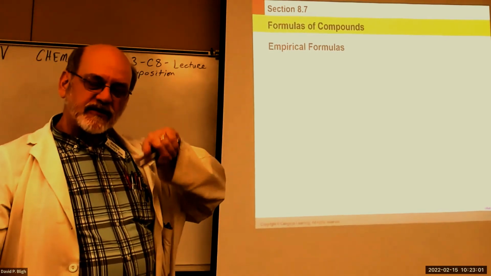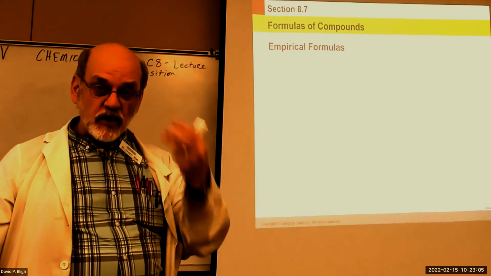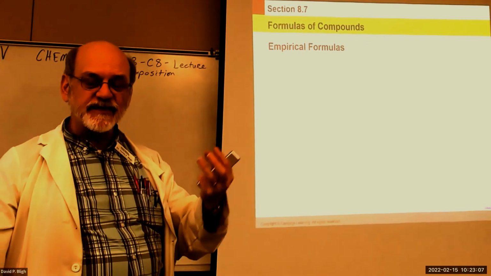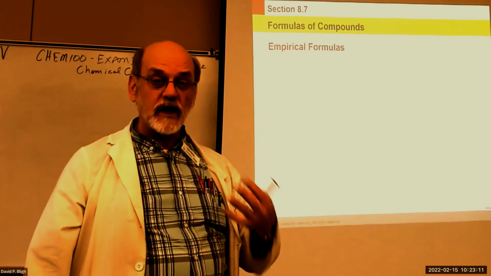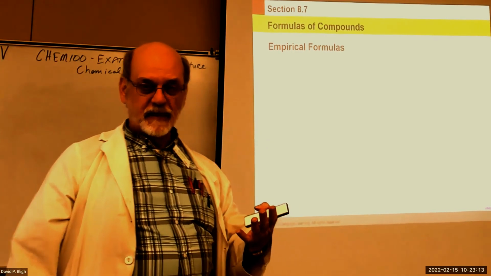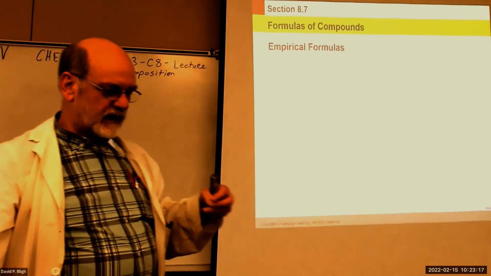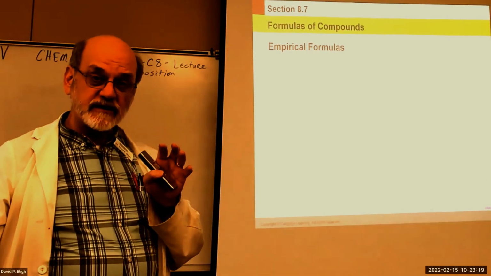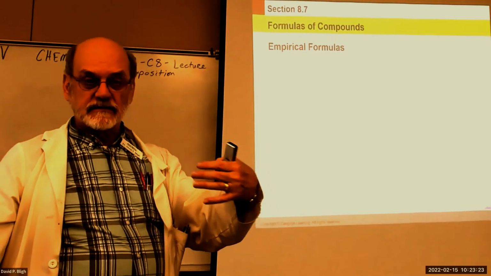But if we go back to the beginning of this discussion, where we're talking about determining percent composition of individual elements in an unknown compound, which is the way it always happens, then can we use that information to find out what that formula is?